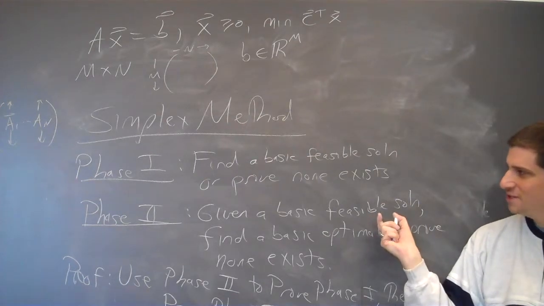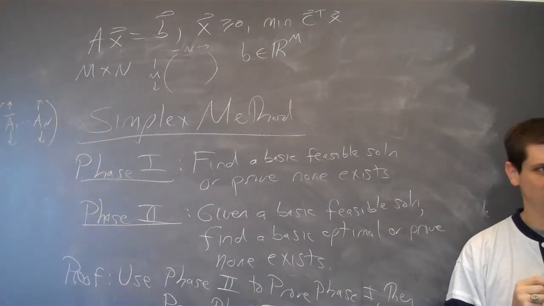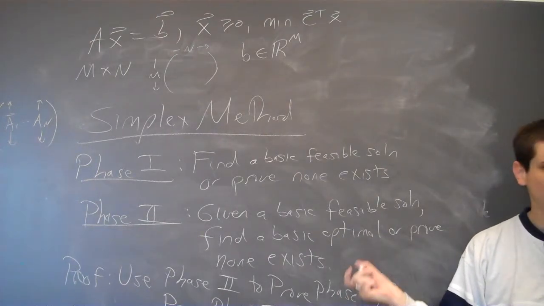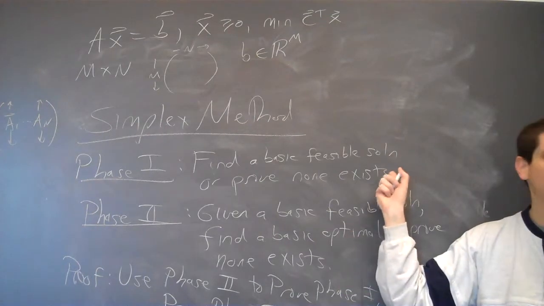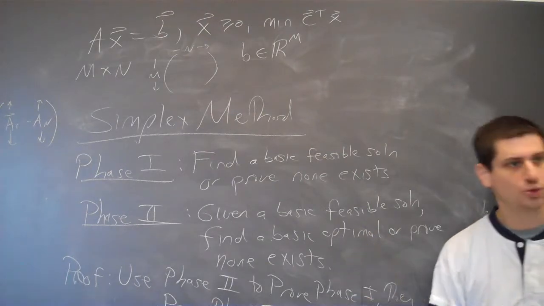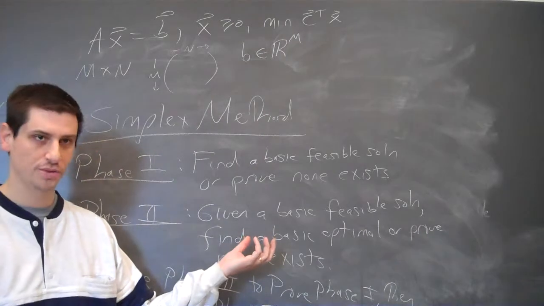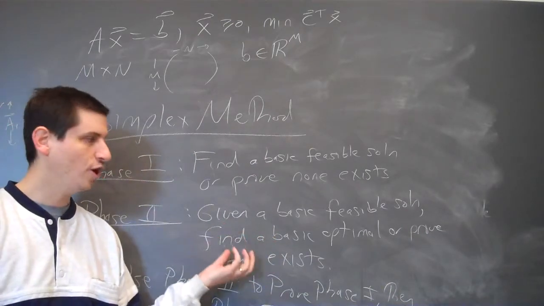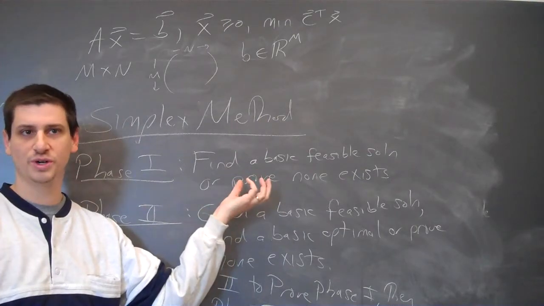If I give you a basic feasible solution, is it hard to find a basic feasible solution? No. So in order for this to have content, I can't be solving the same problem. I'm solving a related problem. I take my canonical linear programming problem, and I start off with a quest to find a basic feasible solution to it.